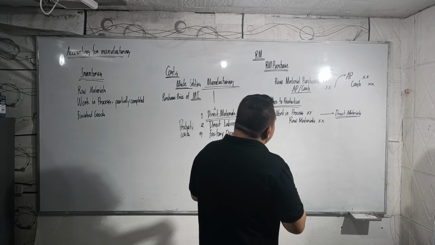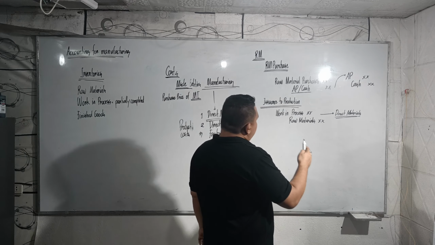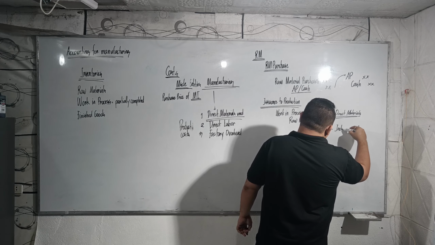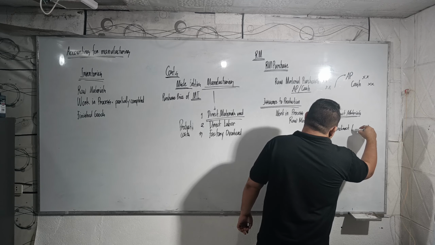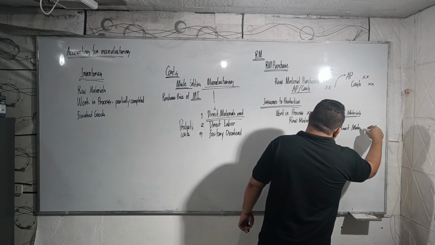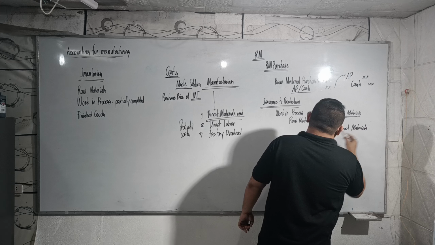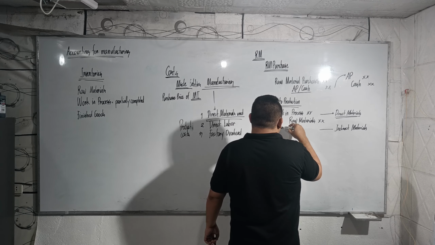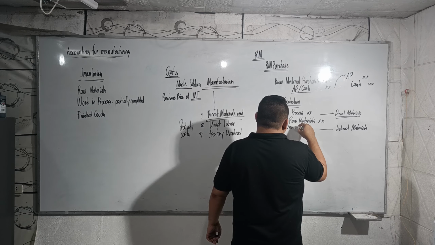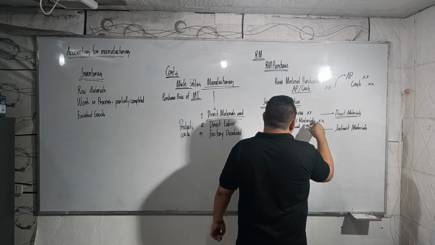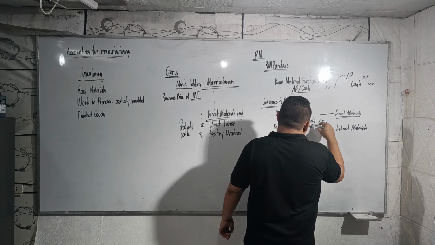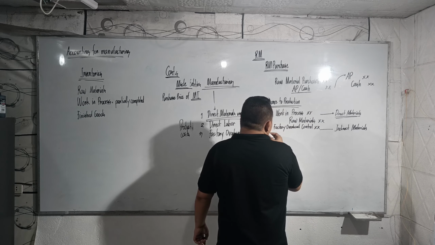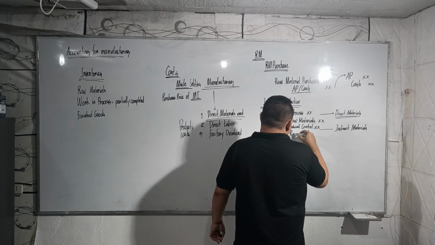So what if that is an indirect material? Okay. Indirect materials. What will happen? If you issue indirect materials to production, that will be recorded first at the factory overhead control account, which is, by the way, an OPEX account.